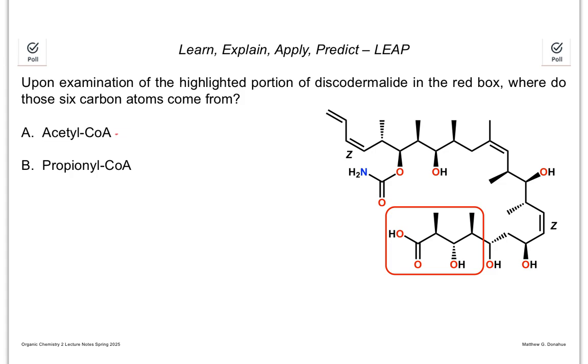So remember, this supplied 2 carbons, this supplied 3. So I'll highlight in red. See these 3 carbons, and then these 3. Those come from propionyl coenzyme A.